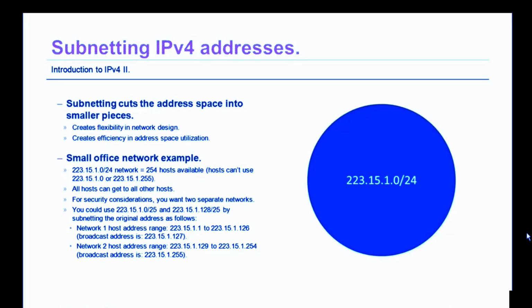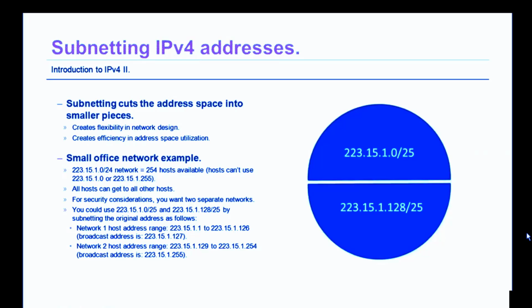Well, because a host cannot be assigned the network address, which is 223.15.1.0, and it can't use the broadcast address, which is 223.15.1.255. In this example, with this network address, all the hosts in the network can see all the other nodes. Now let's say that for security considerations, you want to split this into two networks. Well, you can do this using subnetting.